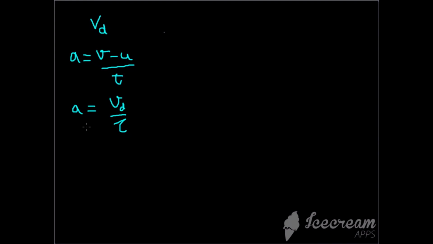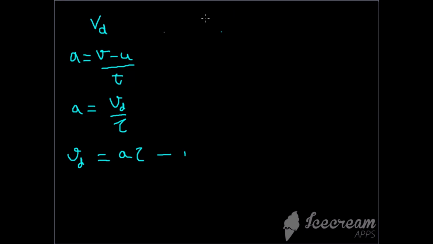So a is equal to Vd by tau, so Vd is equal to a into tau. Let it be equation 1. a is equal to (v minus u) by t, a is equal to Vd by tau, Vd is equal to a into tau.